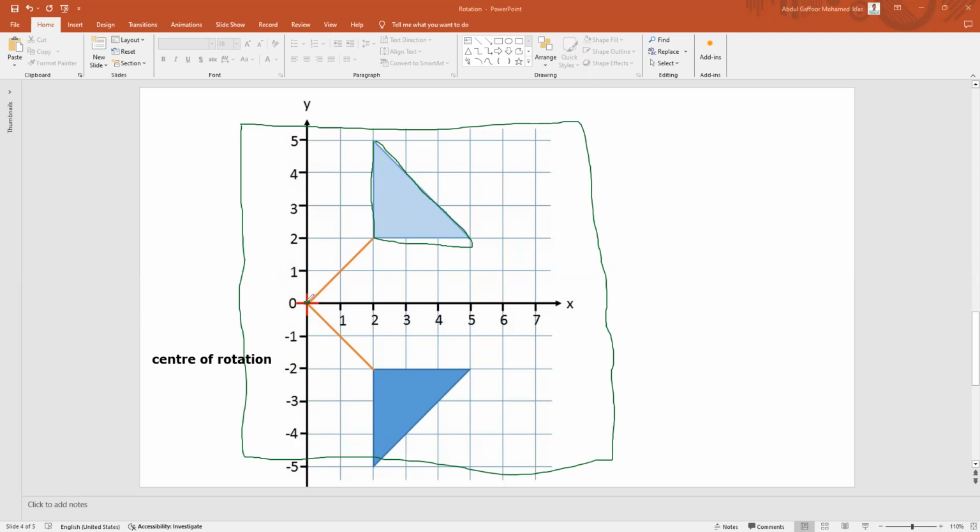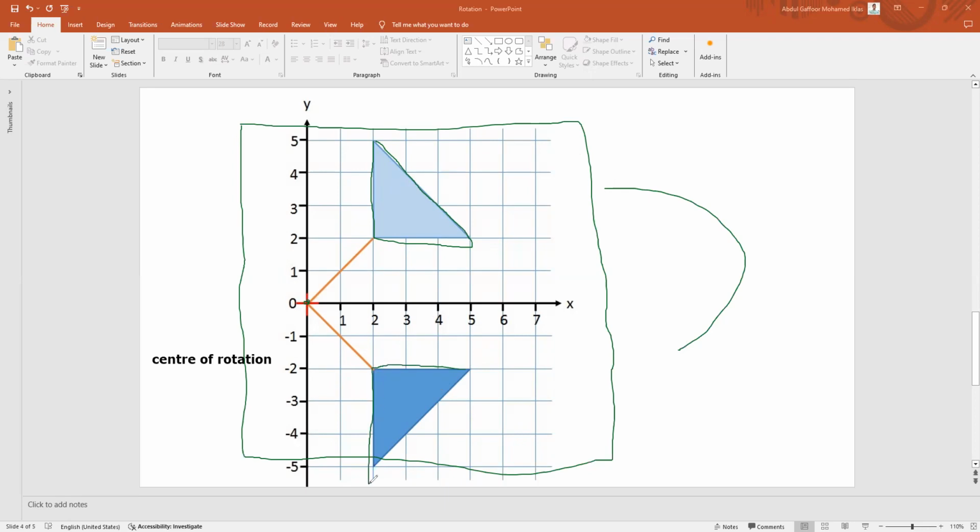You have to slightly press your pencil point on this center of rotation and rotate the paper through 90 degrees. If you rotate the paper through 90 degrees, the tracing of the figure will also move and it will come here.